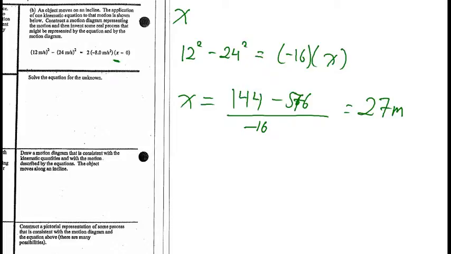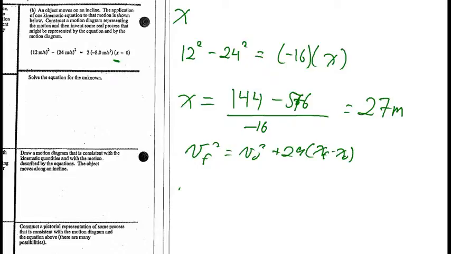Alright, so we recognize this equation to be the velocity equation without the time. It has the form of v final squared equals v original squared plus 2 times acceleration times the change in position, x final minus x naught. So we can identify some elements here.